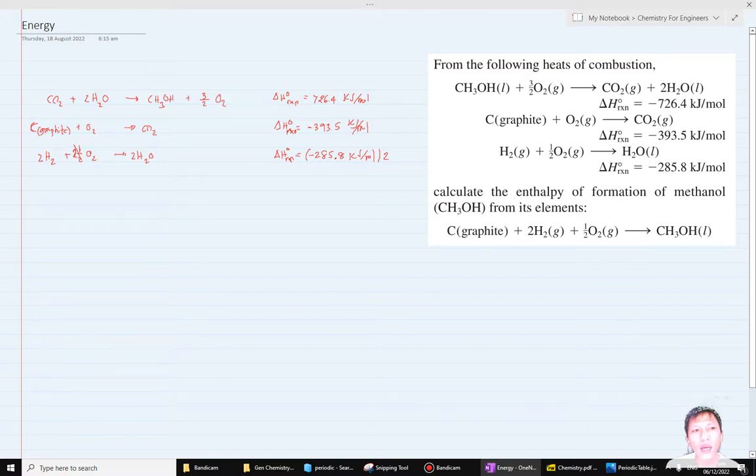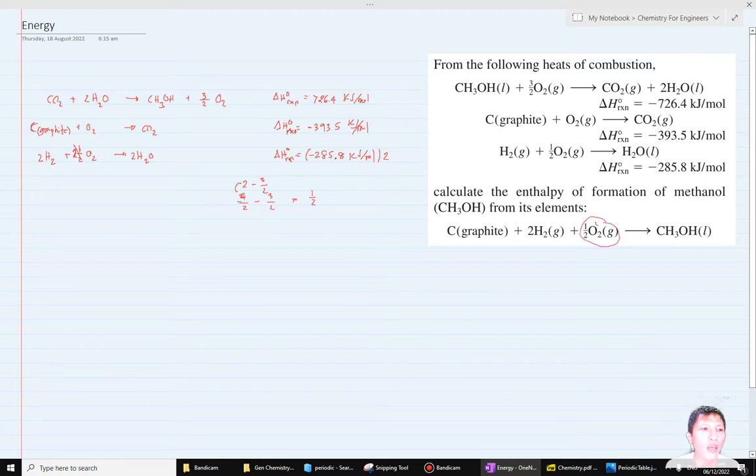So 2 is bigger. 2 minus 3/2: 4 over 2 minus 3 over 2 gives us 1/2, which is what we expect from the problem. You have 1/2 of oxygen.